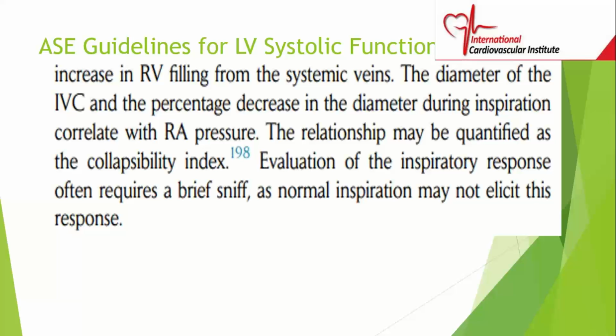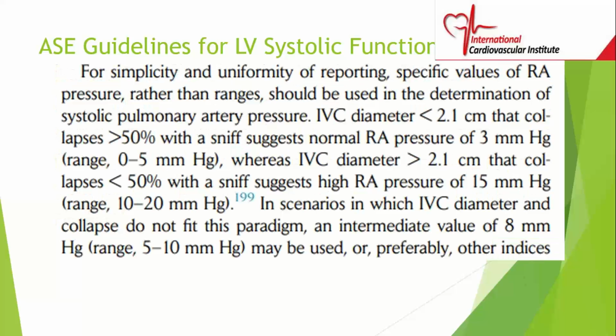We say collapsibility with inspiration, but you often have to do a brief sniff to elicit that response, because normal inspiration may not elicit this response. So don't just look and do your measurements. You can ask the patient to do a brief sniff to see how much collapse you're going to get in the IVC.